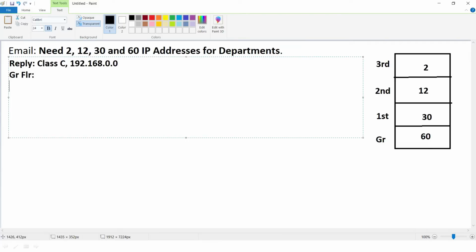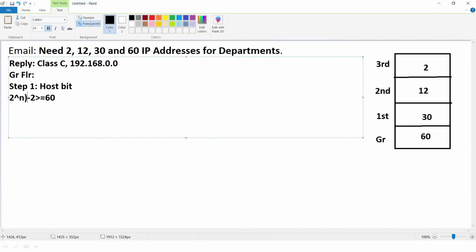So, dear all, you already know very well what step number one is: calculate the host bits. How many host bits will represent the IP addresses? The host bits: 2 power n minus 2 must be greater than or equal to 60, because in the ground floor the total number of IPs required is 60.